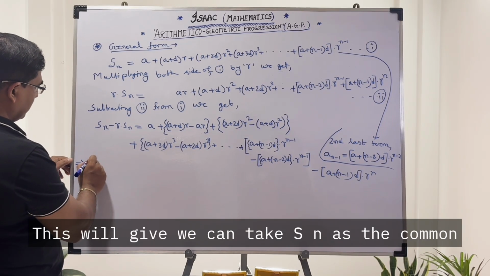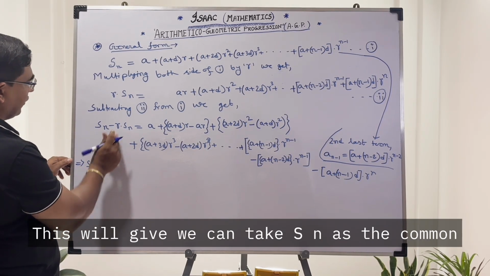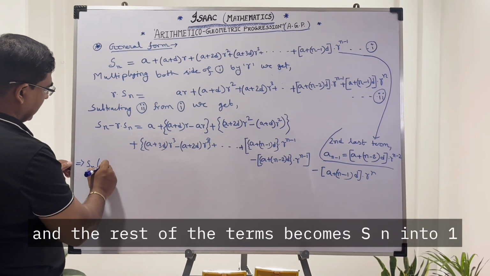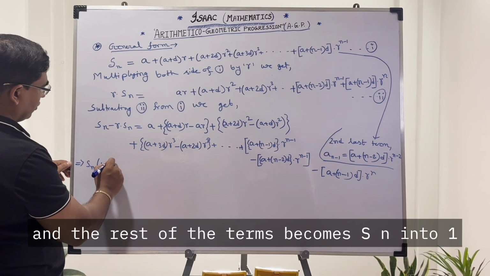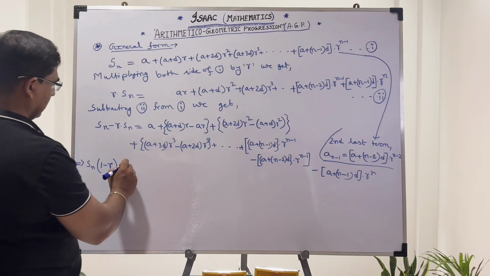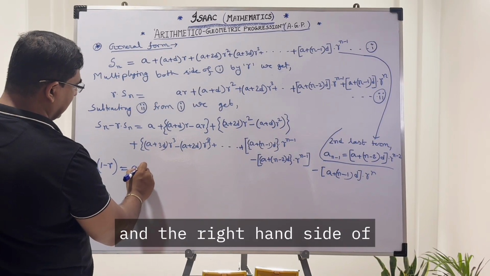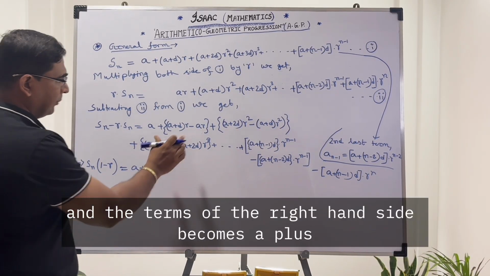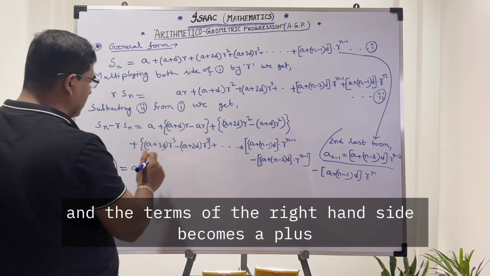this will give, we can take Sn as the common factor from these two, and the rest of the terms becomes Sn into 1 minus R, and the terms of the right hand side becomes A plus.